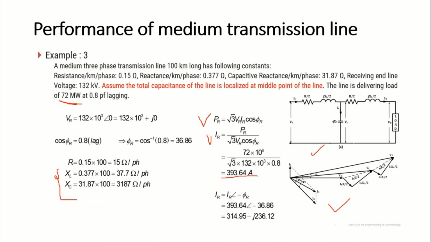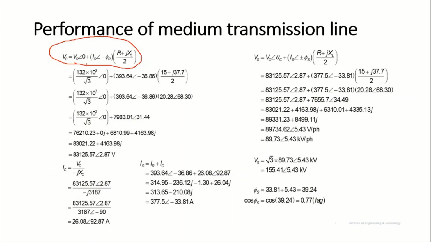From this equation, Vc is equal to VR plus the voltage drop across these two terms due to the receiving end current IR. So Vc is equal to VR plus the voltage drop in R and jXL by 2 due to the receiving end current.